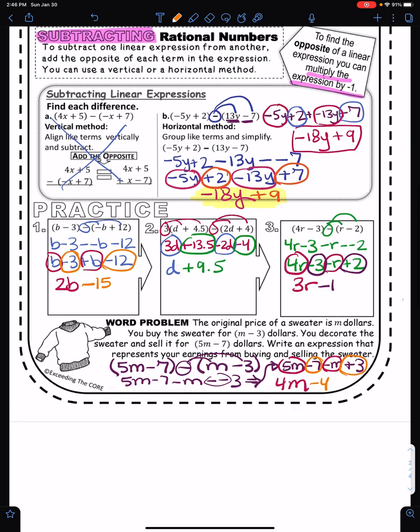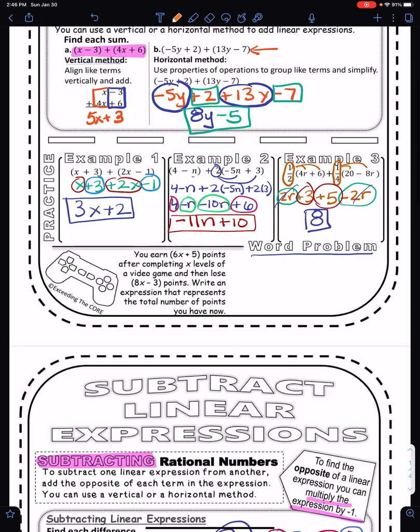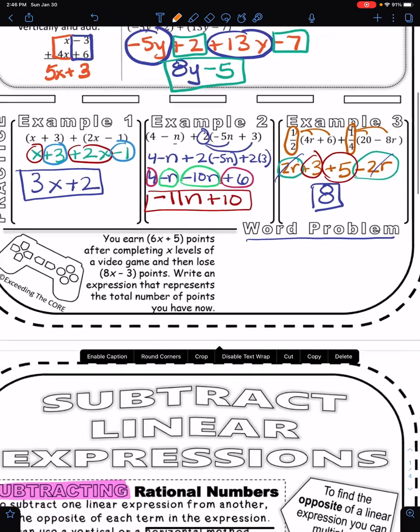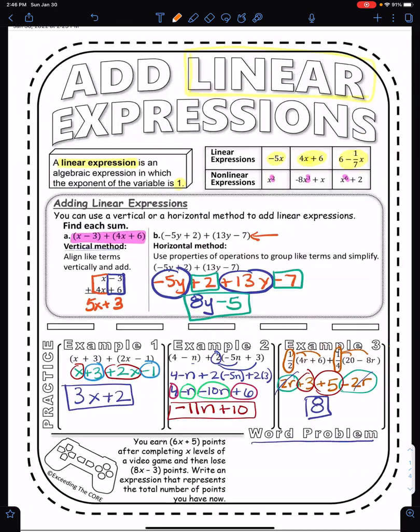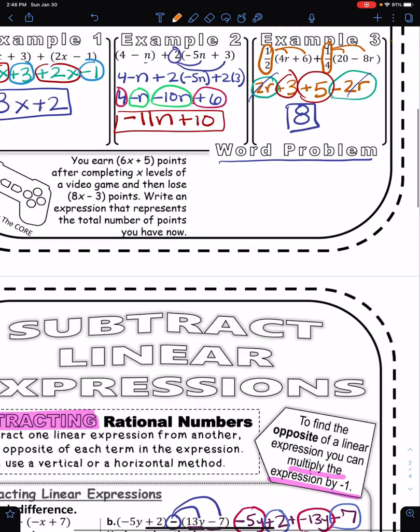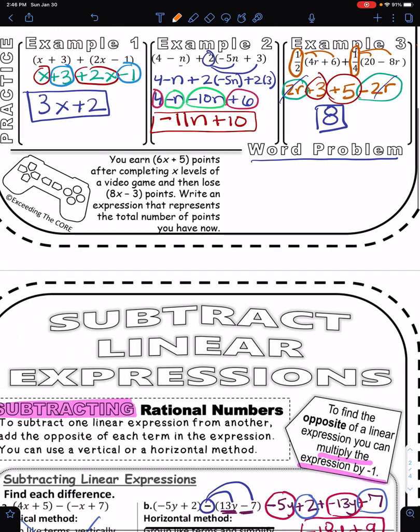And then remember, we had a word problem up here that was actually subtraction, so we saved it. It says you earn 6x plus 5 points after completing x levels of a video game. And then you lose, so we have to subtract 8x minus 3 points.